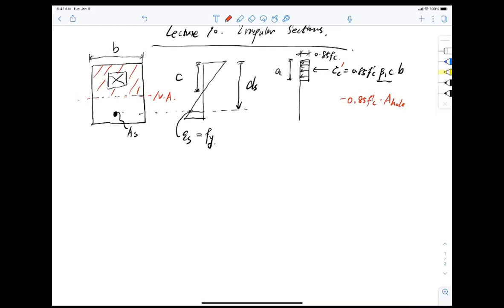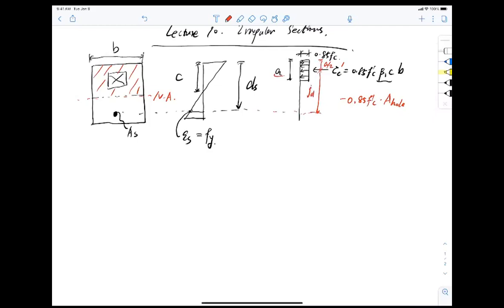All right, but that does not necessarily change the center of the total compression force. So that is still somewhere called A. And then all I need to do is find the distance between half A from the top and the level of reinforcement, and call this JD.